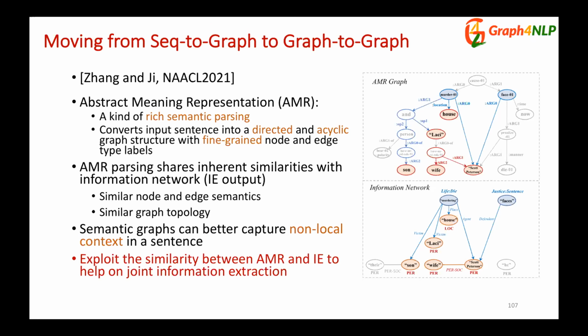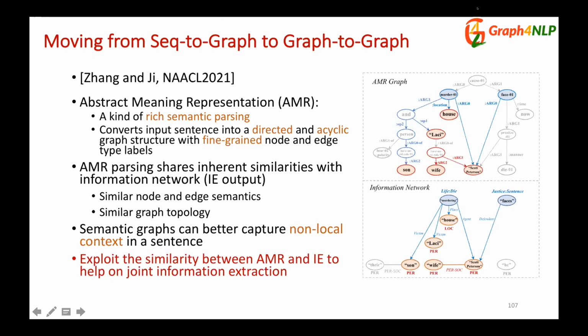Abstract Meaning Representation is a special way of getting the semantic graph of an input sentence. You can think of this as a combination of semantic role labeling and dependency parsing, but it includes much richer labels for these edges and nodes. There's a data set there, and there are many AMR parsers you can use. So we can convert a sentence into an AMR graph that will look like this.